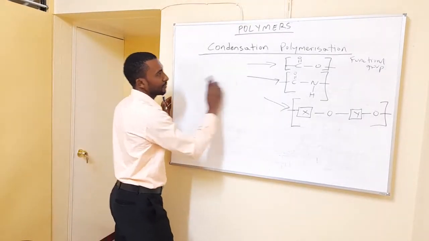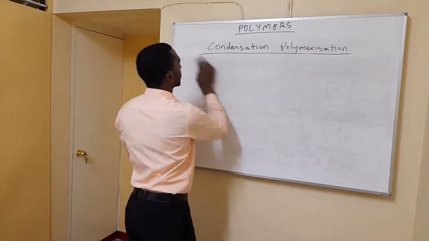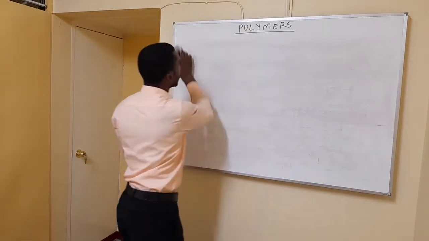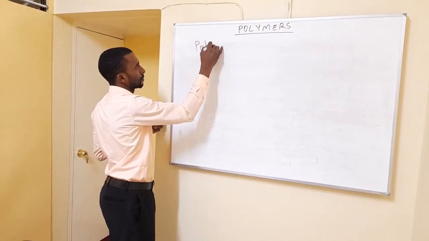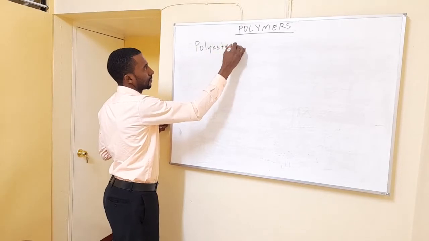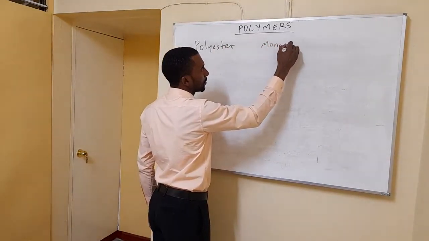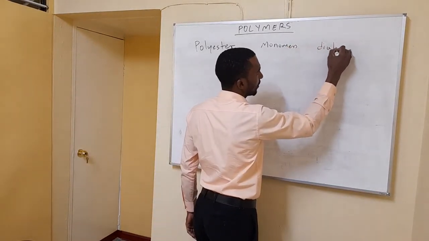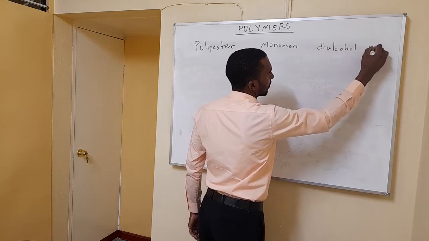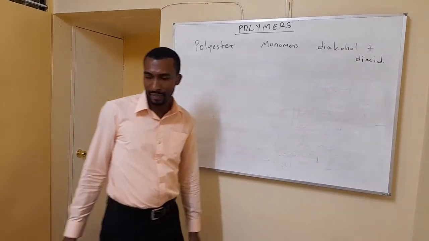So the polyester. Polyester, right? So the monomers: the dialcohol plus a diacid. Alright?